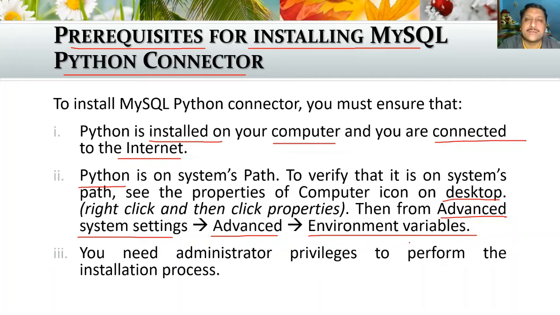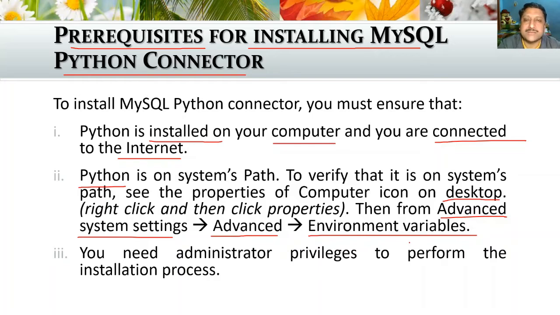You can see whether the path where the Python language is installed is also saved in your system path or not. If this path is not there, then the installation may have a problem.